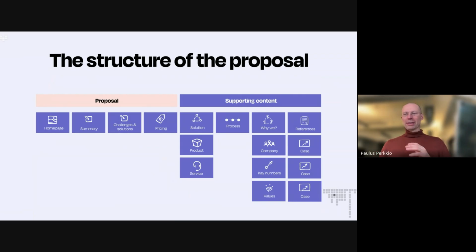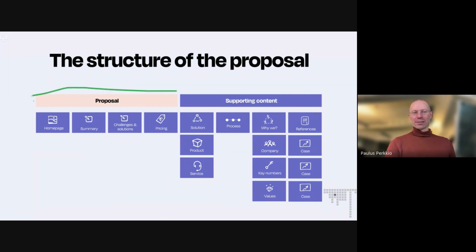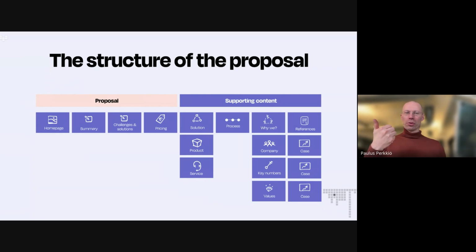When you build proposals in presentation format, it's maybe not that easy to put everything on the first page, but on the first pages, it must be very easy and clean. It's the summary, what you are proposing, something about the challenges, the need your customer has, and then the price.